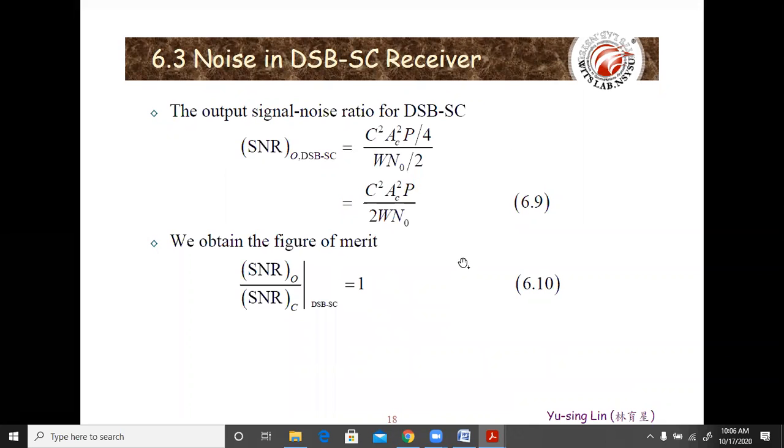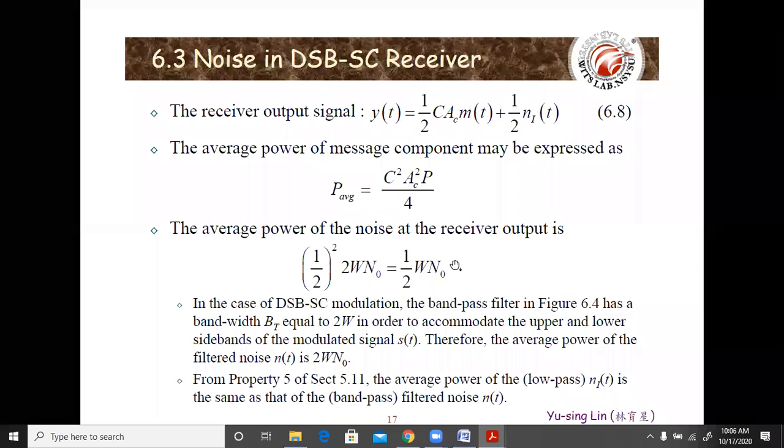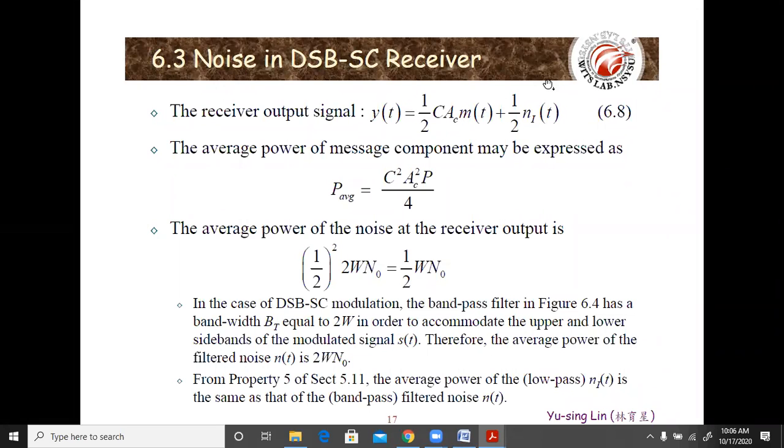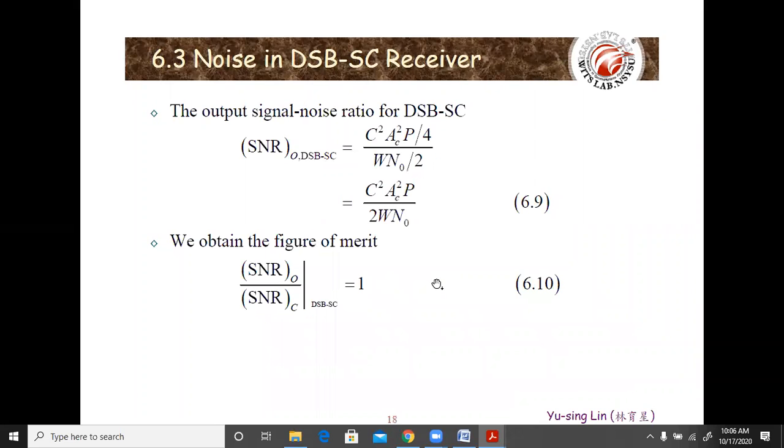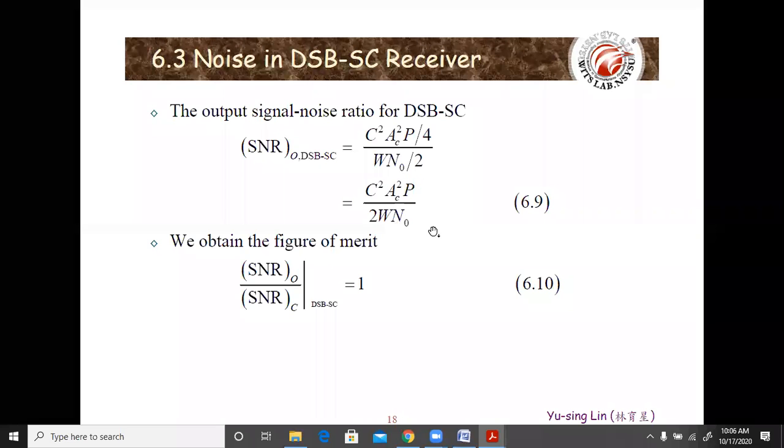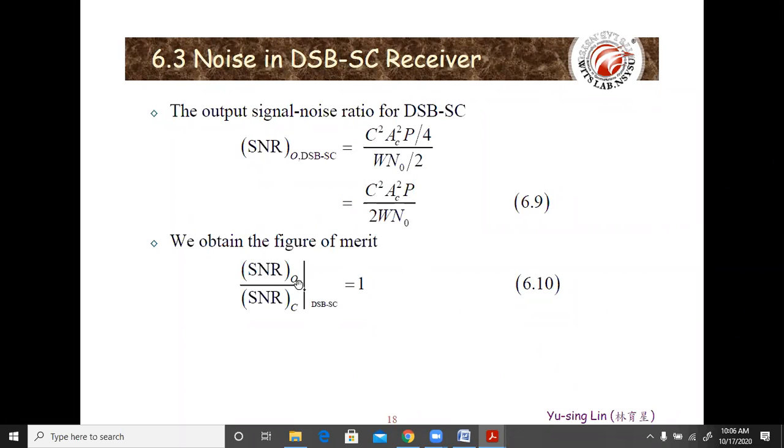The output signal to noise ratio is the ratio of both of them. This is the signal and this is the noise, hence we divide one by the other, and you get Ac squared P by 2W N0. So we obtain the figure of merit, which is the output SNR divided by the channel SNR, and that turns out to be equal to 1.